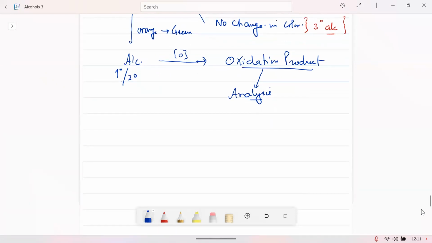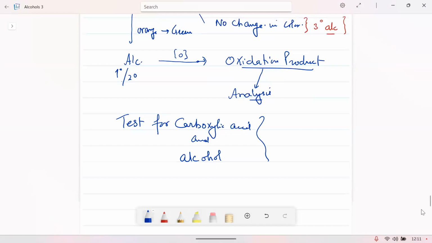Now, we have talked about the OH before. The carboxylic acid. How will you test for the carboxylic acid? First of all, the test for carboxylic acid and alcohol is the same. We have done this before. You go for the test for the OH group.